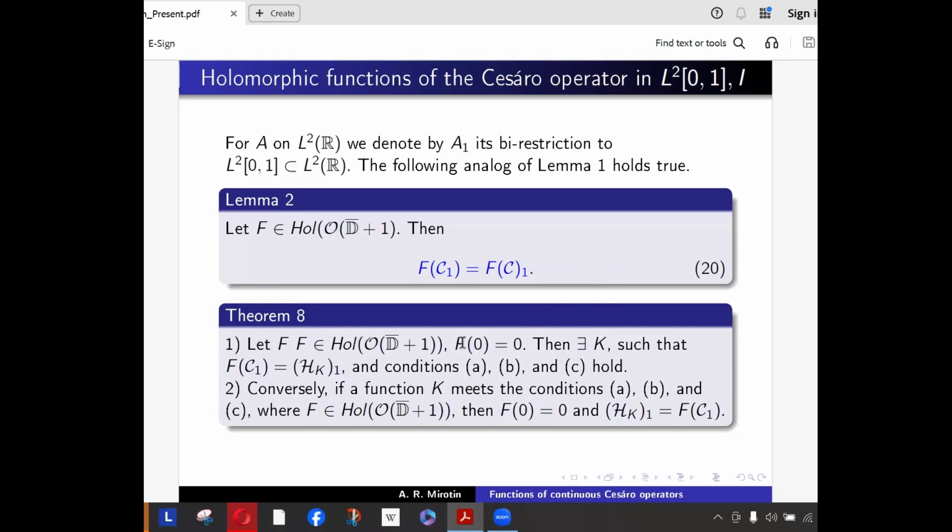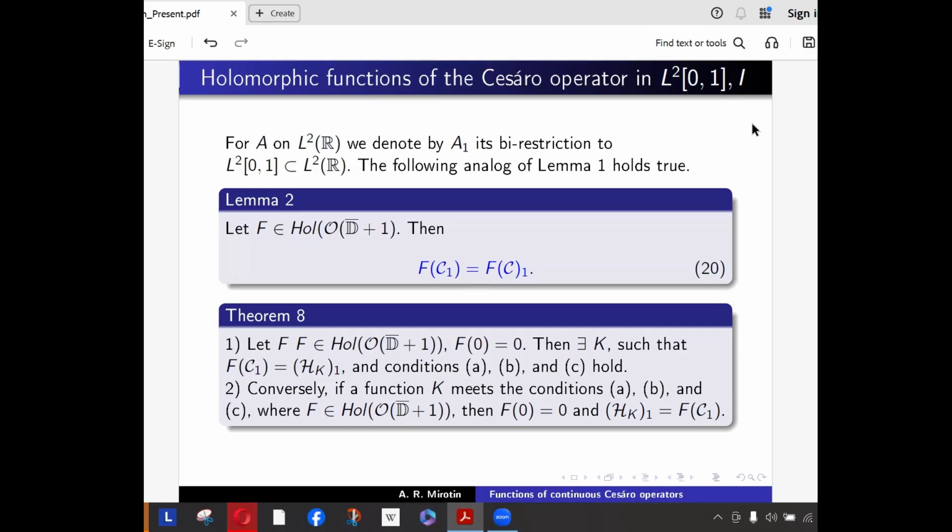Theorem 8 states that if F, sorry, this F is not correct. It should be noted that not only the difference between C plus on the one hand and C1 on the other is that C and C plus are normal operators in L2, and C1 is not normal.